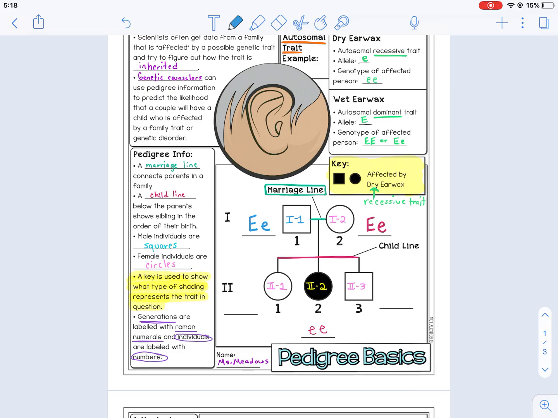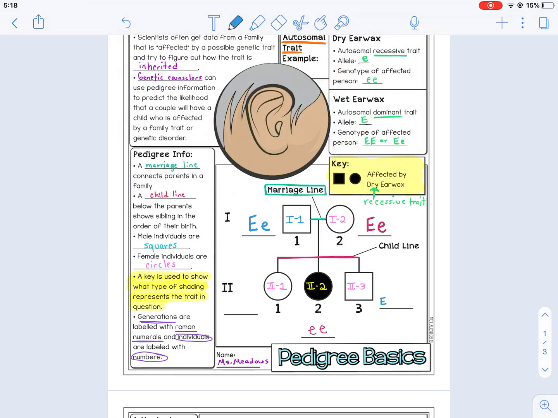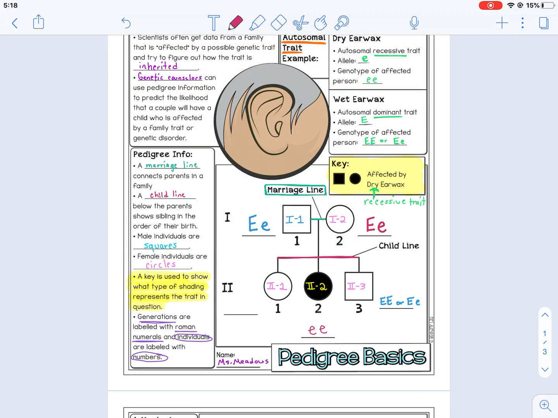But we're not sure whether they are big E, big E, or big E, little e. Could be either one, and there's no way for us to know with just this amount of information. The same goes for individual II1. She could be big E, big E, or she could be big E, little e.